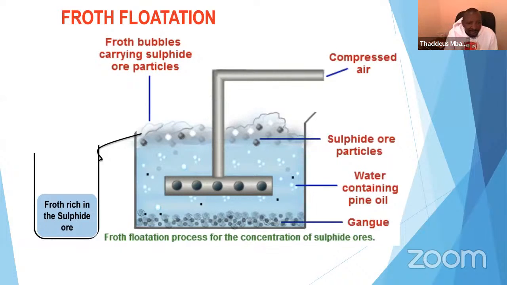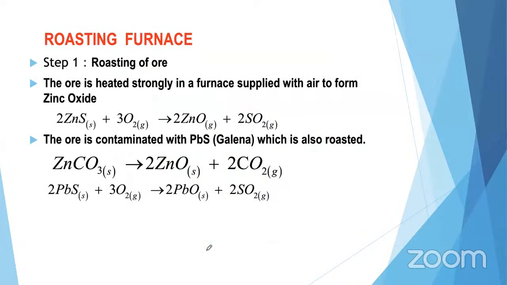Maybe you can just take a screenshot. It's just the same. How to take the froth rich in the sulfide ore. Remember I said this one is for concentration of sulfide ores. Any ore with sulfur can be considered for flotation. Good.